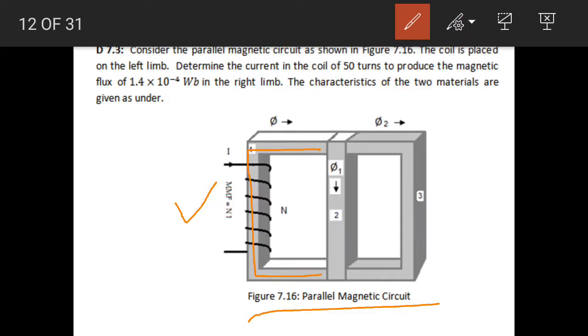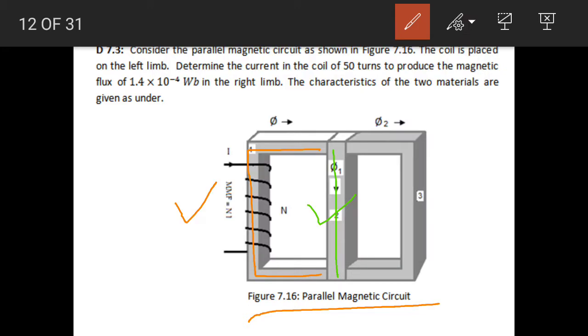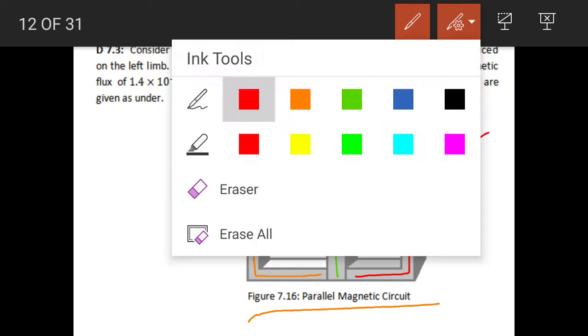Then the central limb of this magnetic circuit is located over here, shown in green color. This is the central limb of the parallel magnetic circuit, and the right limb is represented with red color.